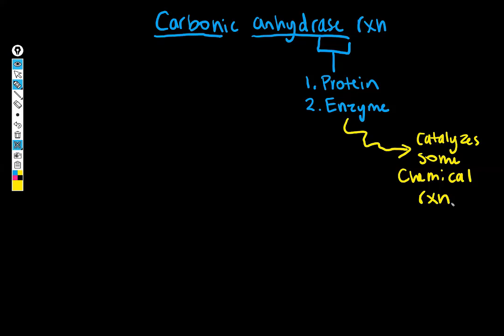The other thing that I want to remind everybody of before we get started is that there are some exceptions to this, but in biochemistry, there are very, very few. The overwhelming majority of biochemical reactions are reversible, meaning an enzyme can catalyze a reaction in one direction and also in the other.